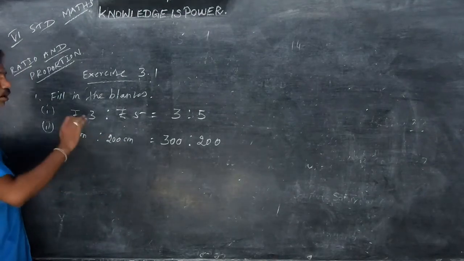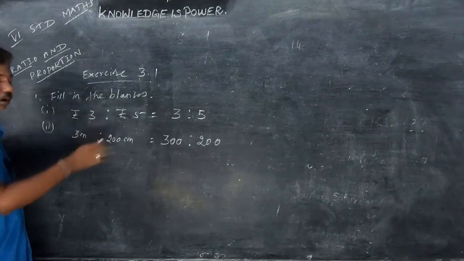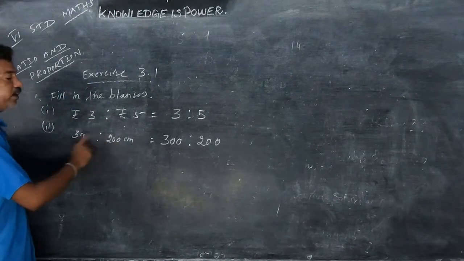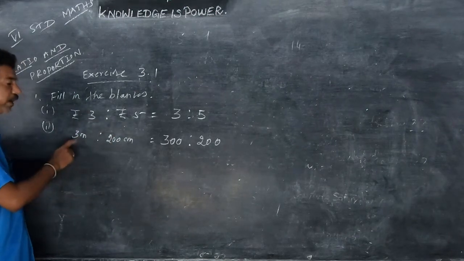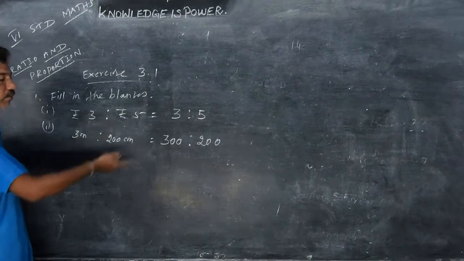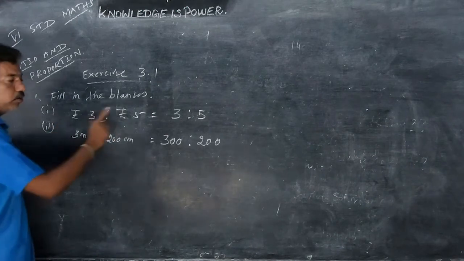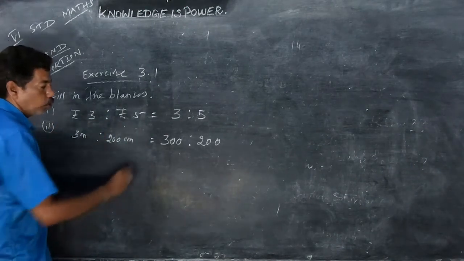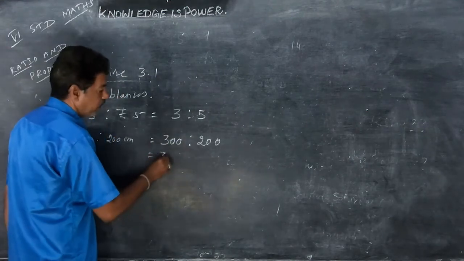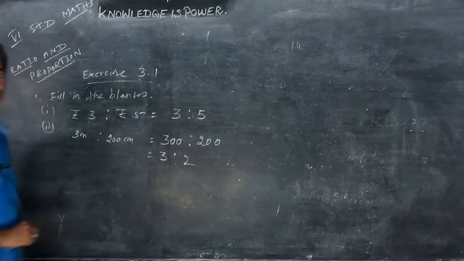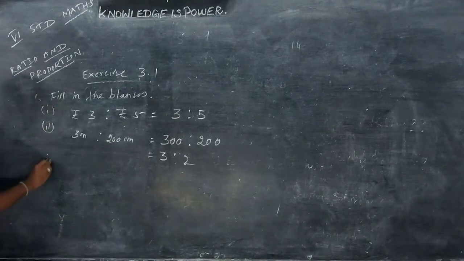Simply you should not write 3 is to 200, it will be wrong, because both are in different units. இது மீட்டரில் இருக்குது, அது சென்டிமீட்டரில் இருக்குது. ஒரு மீட்டர் வந்து 100 சென்டிமீட்டர். முதல்ல அதை கன்வெர்ட் பண்ணு. அப்போ 3 மீட்டரில் என்ன இருக்கும், 300 சென்டிமீட்டர் இருக்கும். So we can write like this. Okay, 0 0 cancel. 3 is to 2. So this is question number 2.